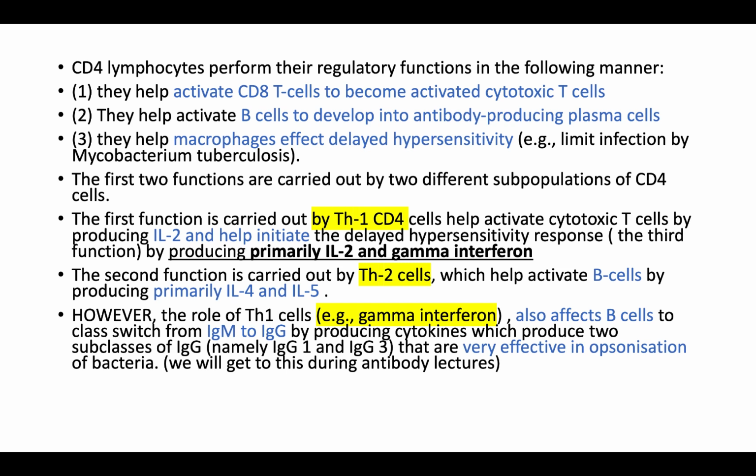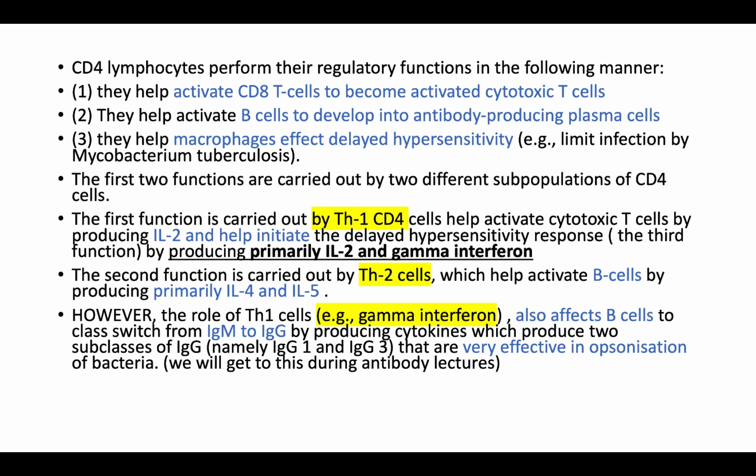هلا the humoral response is carried out by th2 CD4 cells. هدول بيحاولوا يدفعوا الجسم نحو a humoral response which help activate B cells by producing primarily, as we know, interleukin-4 and 5.